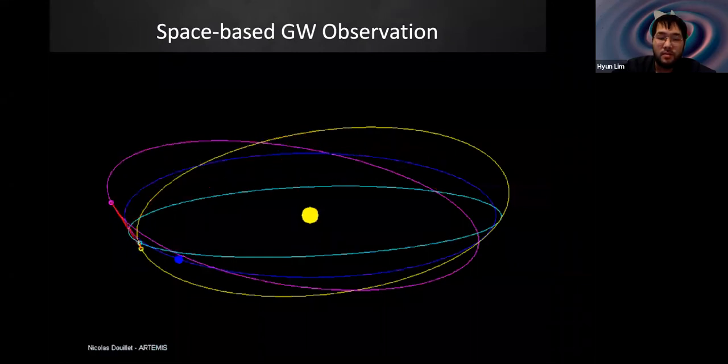So this is the idea I mentioned, space-based gravitational wave observation. The concrete plan we have right now is called LISA. LISA stands for the Laser Interferometer Space Antenna. The basic idea is like this. Earth is rotating around the sun, and we shoot 3 satellites that form a triangle shape, and they follow this orbit, the Earth's orbit around the sun.